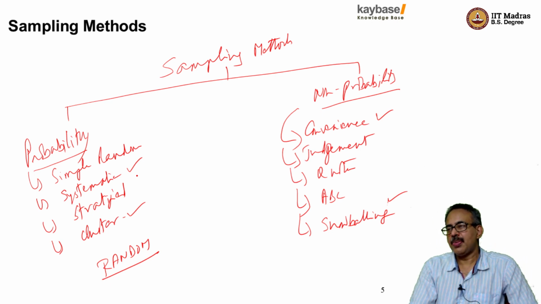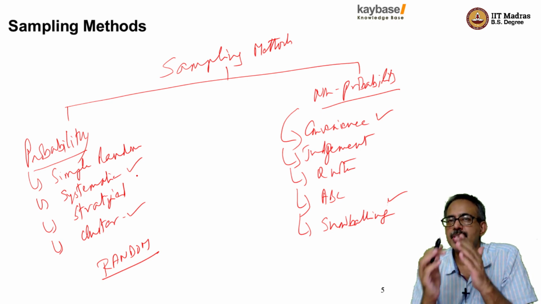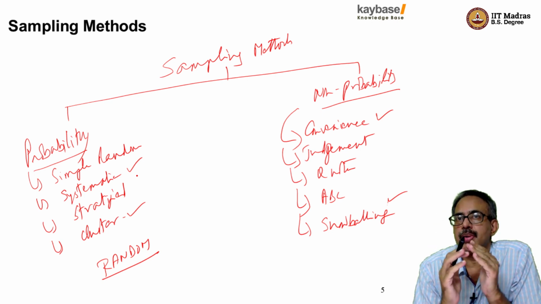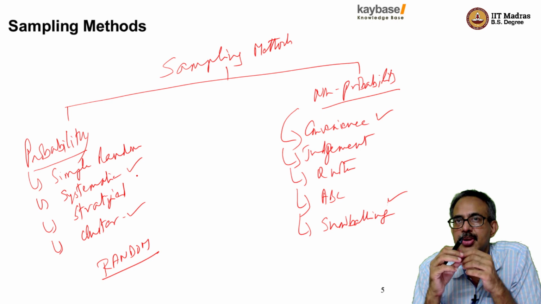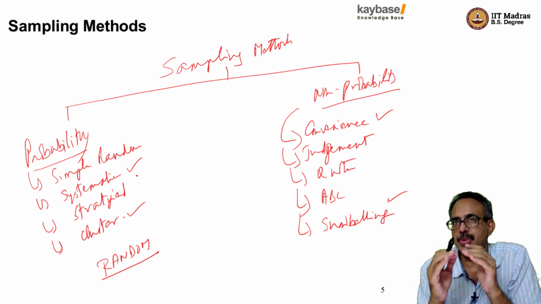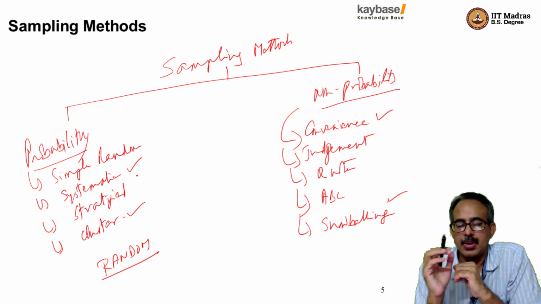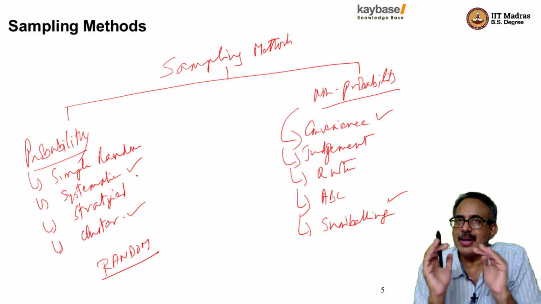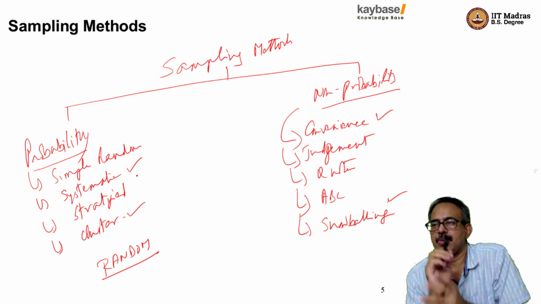So, the word random should be used after a lot of thought because it means you've gone through a process. It should not be used randomly, so to speak. It should be used very consciously in the correct context after having gone through the process. Is this clear? Please never ever use the word random lightly. Okay. Let's go forward.